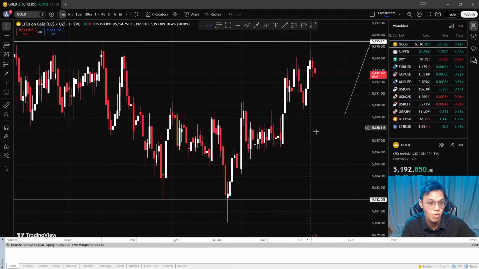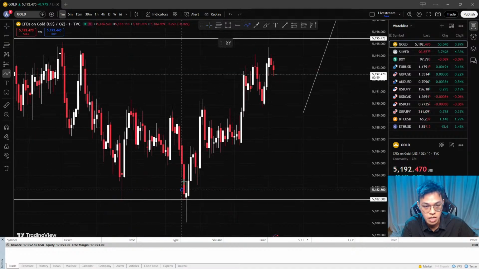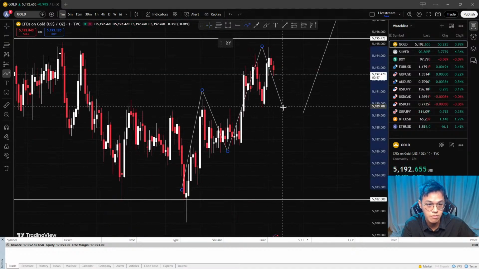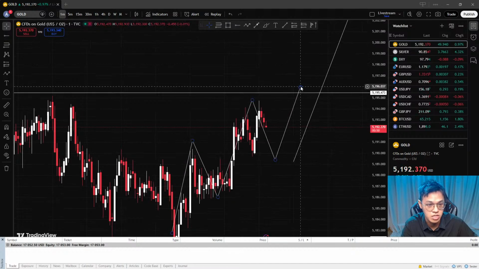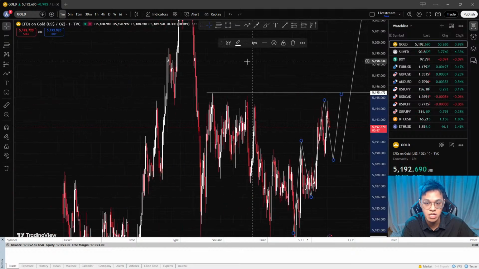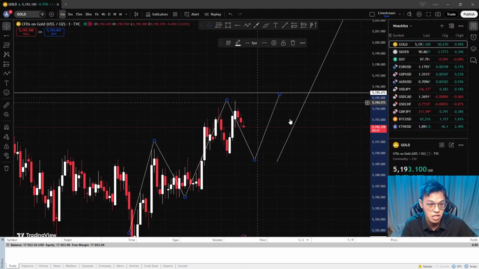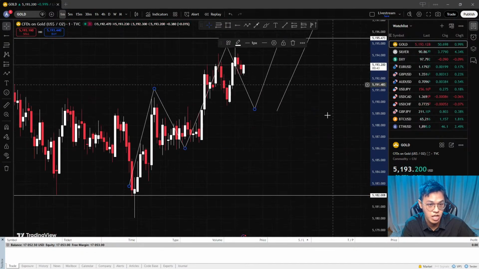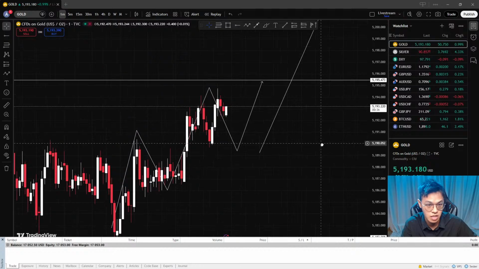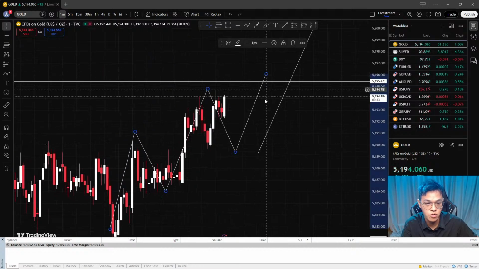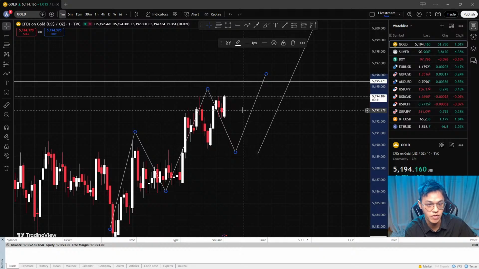Let's see whether the price can keep this structure, and then retest this resistance level. Then if the price can break this resistance level and the structure still maintains the uptrend, then I think I will be more confident to enter this trade.